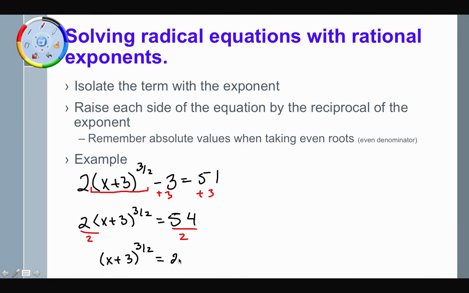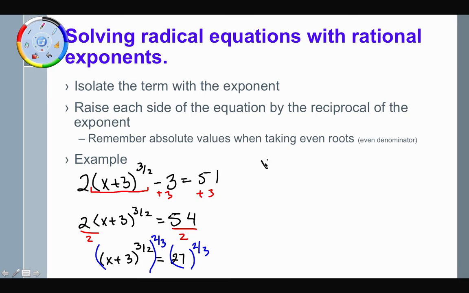54 divided by 2 is 27. And now we get to do that new step of raising both sides to a new exponent. The reciprocal of 3 halves is 2/3. Because this is an odd denominator, we do not need to worry about the absolute value in this case.